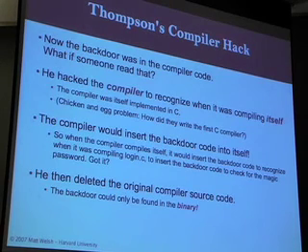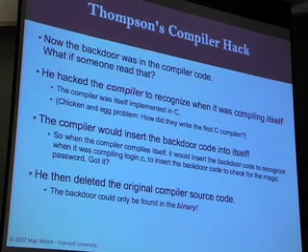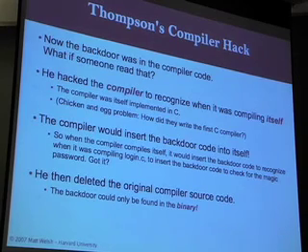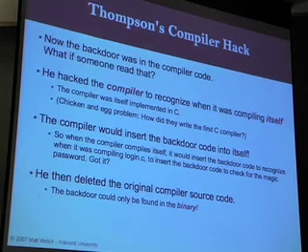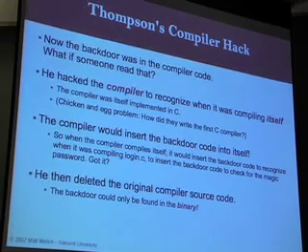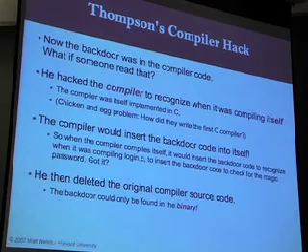It's really complicated. So what he did was he changed the C compiler to recognize when it was compiling itself to add the backdoor code for login.c into that login binary. And then he deleted the original source code for the compiler. No trace of this hack exists in source form anywhere.